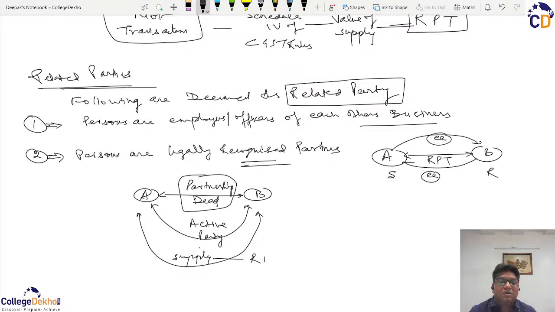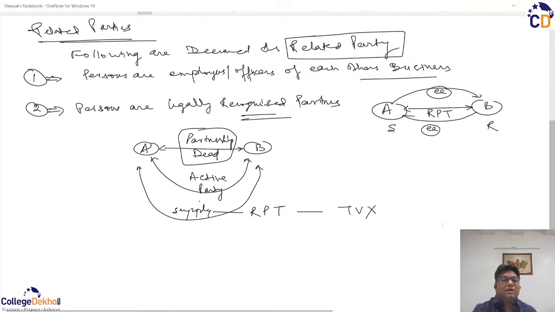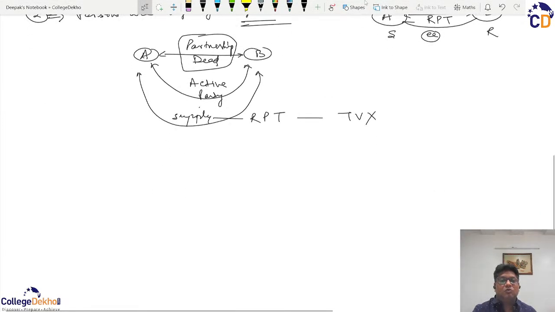So that supply will be known as related party transaction and will not be covered by the transaction value. It means Mr. A and Mr. B are legally recognized active partners, and therefore the transaction between the two will be deemed as related party transaction.